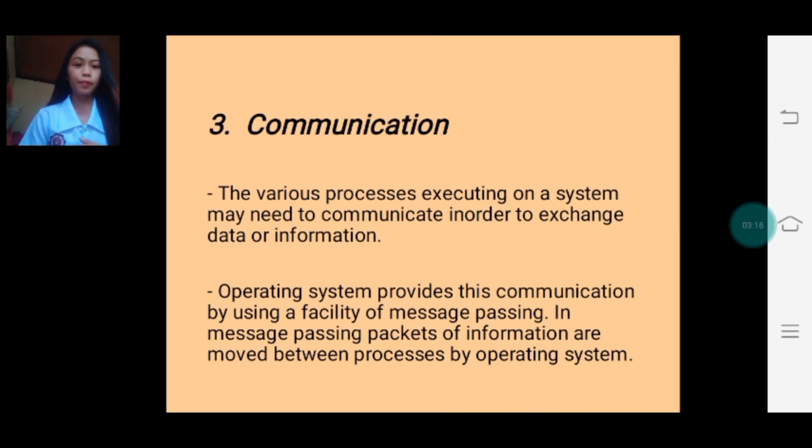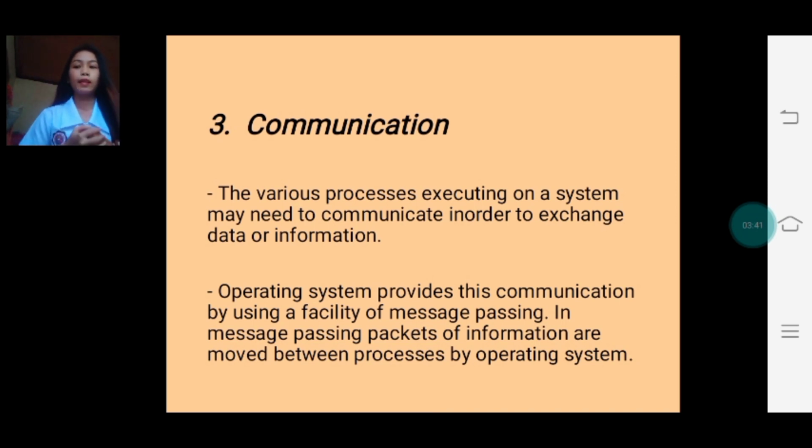In message passing, packets of information are moved between processes by the operating system. So two processes may require data to be transferred between them. Both the processes can be on one computer or on different computers connected through a computer network.